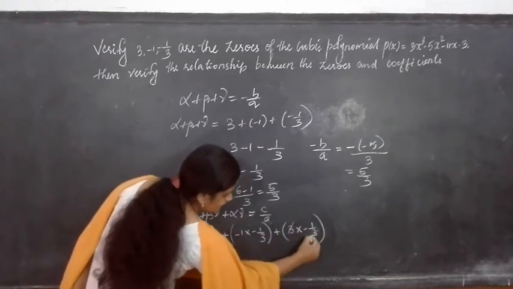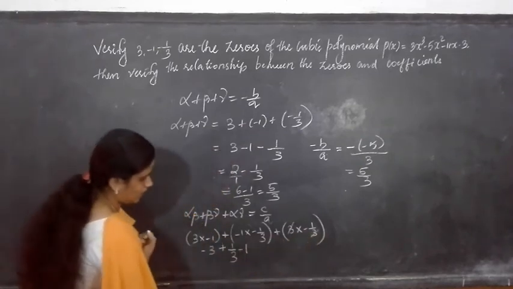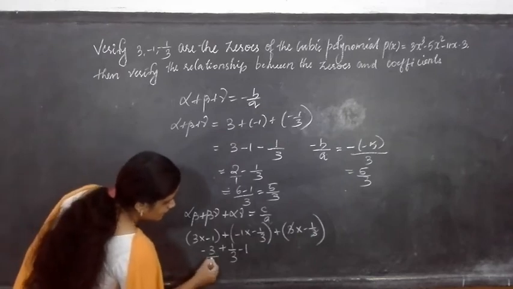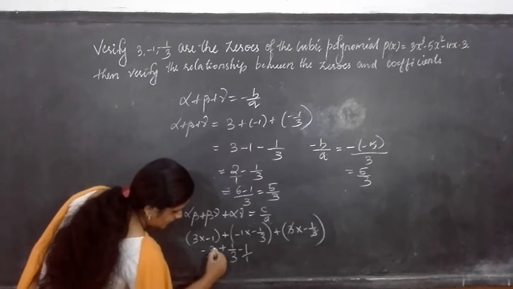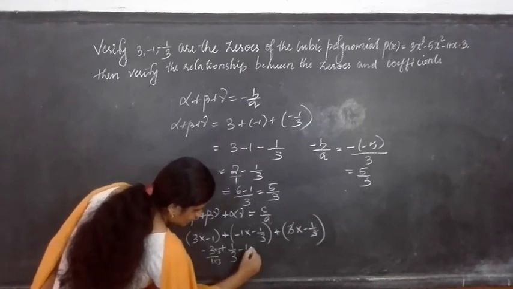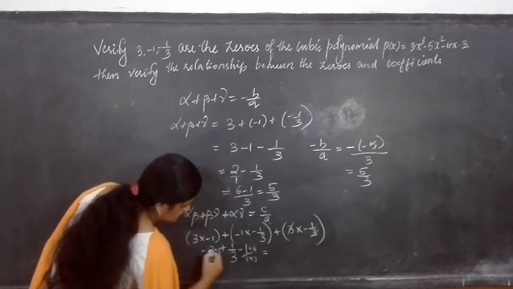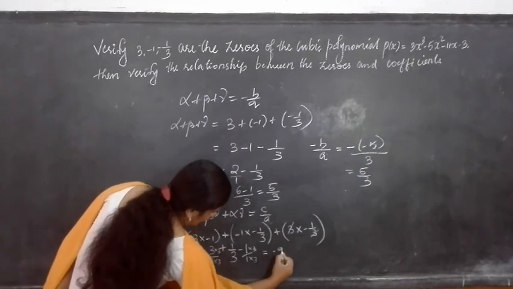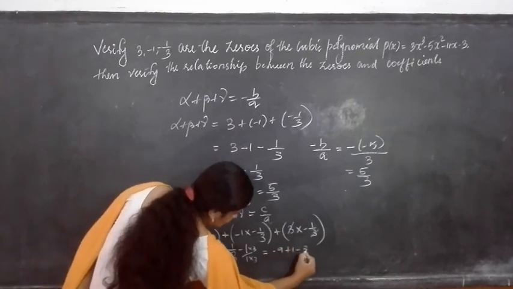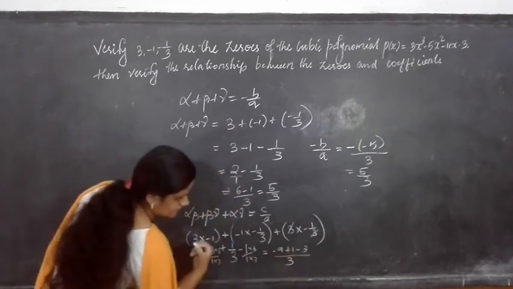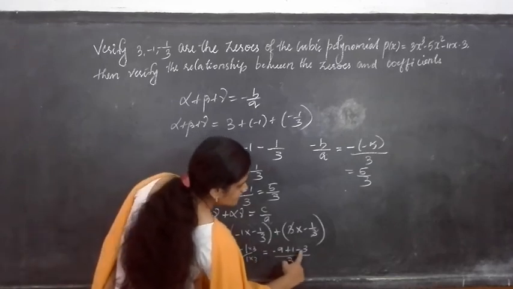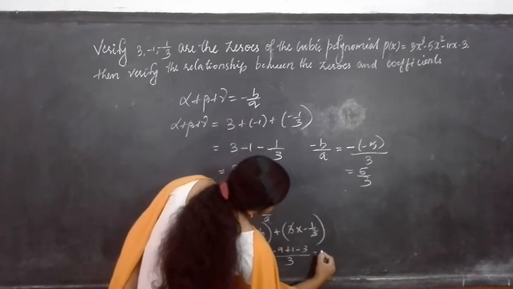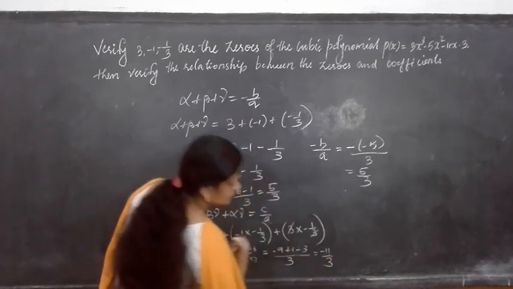Here 3 and 3 we can cancel, minus 1. Now the LCM is 3, so here into 3, here also into 3. The answer is negative 9 plus 1 minus 3 by 3. Negative 9 plus 1 is negative 8. Negative 8 minus 3 is negative 11 by 3.